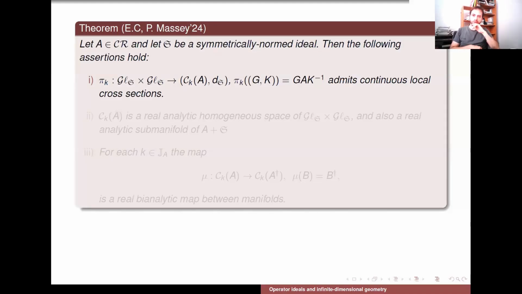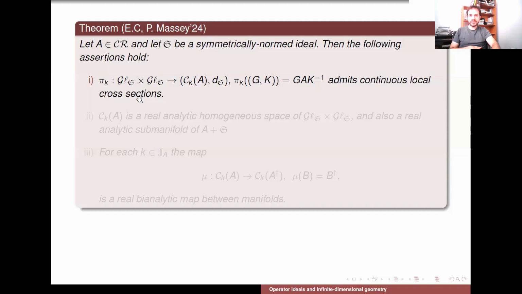So now I will give our main result about the differentiability properties of the Moore-Penrose inverse. Suppose again that A is a fixed closed range operator and also S is a fixed symmetrically normed operator ideal.